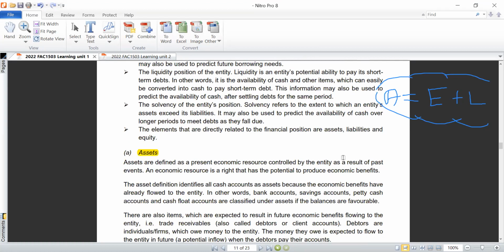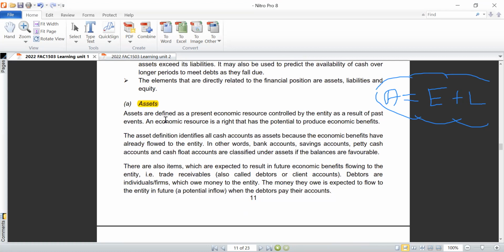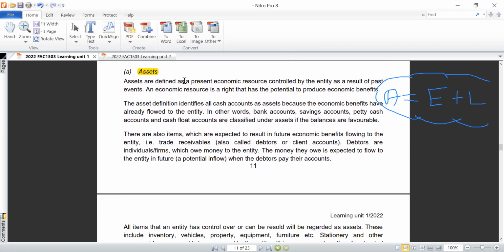But the elements you see from the statement of financial position are assets. You need to know the definition of an asset: a present economic resource controlled by the entity as a result of past events, expected to bring in future economic benefit.